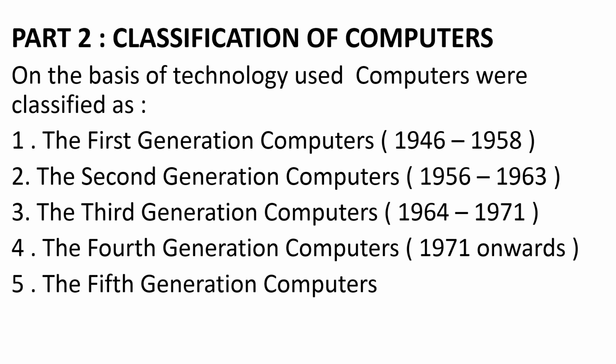Then the second generation computers were used between 1956 and 1963. Then the third generation computers, 1964 to 1971, then the fourth generation computers, 1971 onwards, and then the fifth generation computers. One by one we are going to study all of these generations in detail.